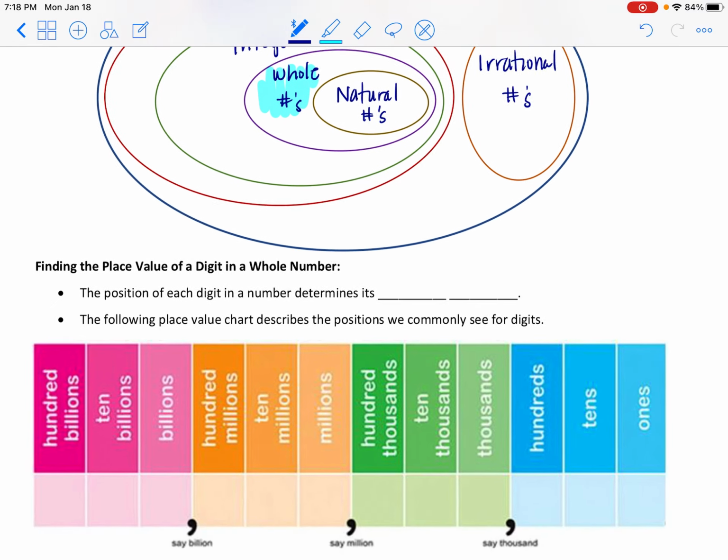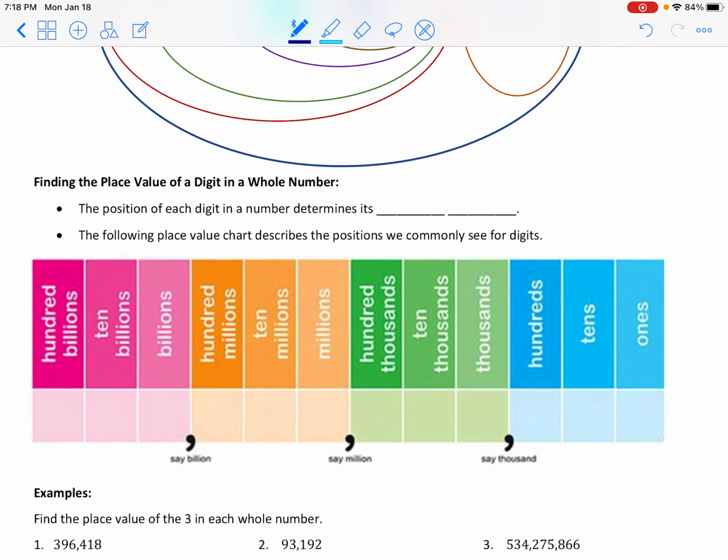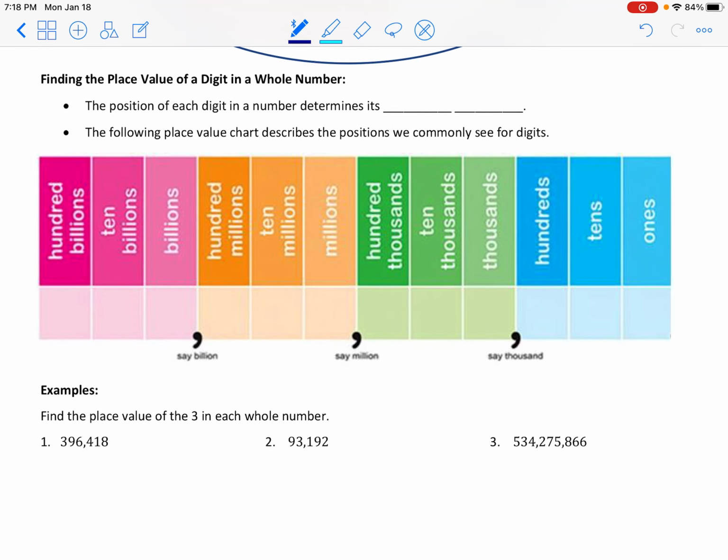Okay? And specifically, what we're going to look at first is the place value of a digit that's in a whole number. So the position of each of the digits in our number determines what we call its place value. Again, this hopefully is stuff that sounds familiar. And we have this place value chart. Now, the chart goes a little further, but this is a place value chart that describes positions of digits that we commonly see.